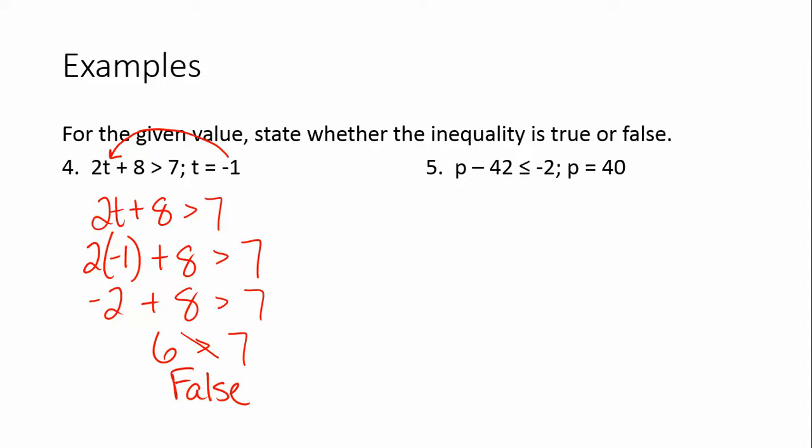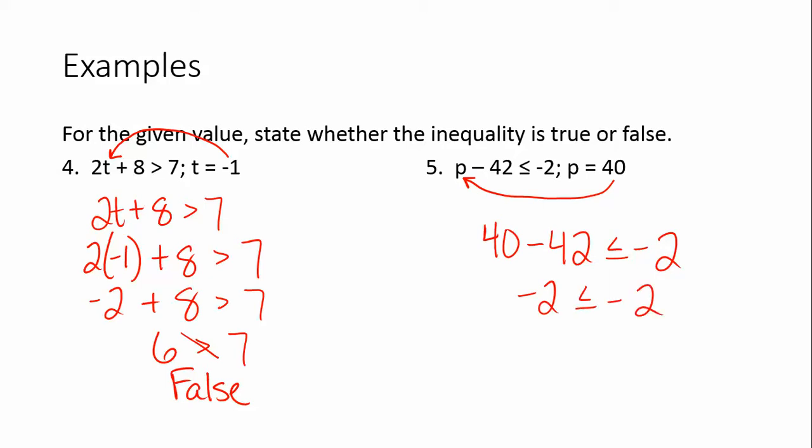If you'd like to pause the video and try number 5, we have p minus 42 is less than or equal to -2. And the value I'm wanting you to plug in is 40. So you're going to take the 40 and plug it in for p. So we have 40 minus 42, and we're checking to see if that's less than or equal to -2. 40 minus 42 is -2, so we get -2 is less than or equal to -2.